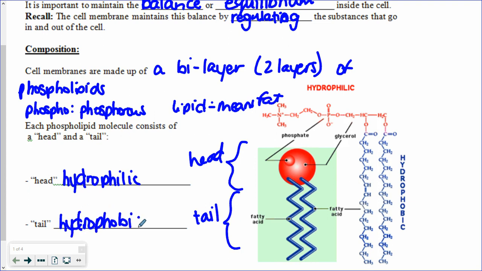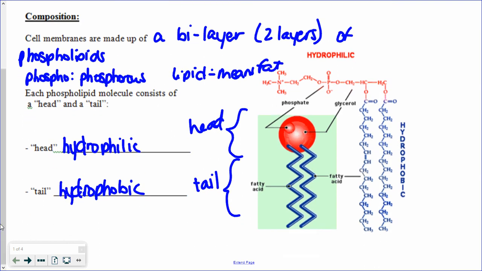So phobic, you've probably heard, right? Phobia, being afraid of something. So hydrophobic technically means water fearing, or it doesn't like water. Hydrophilic means water loving.